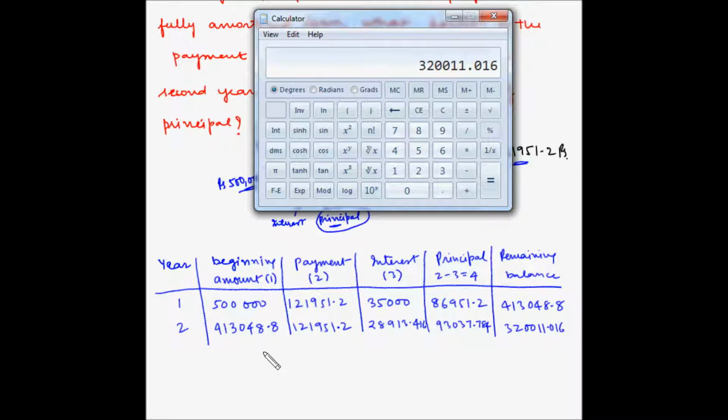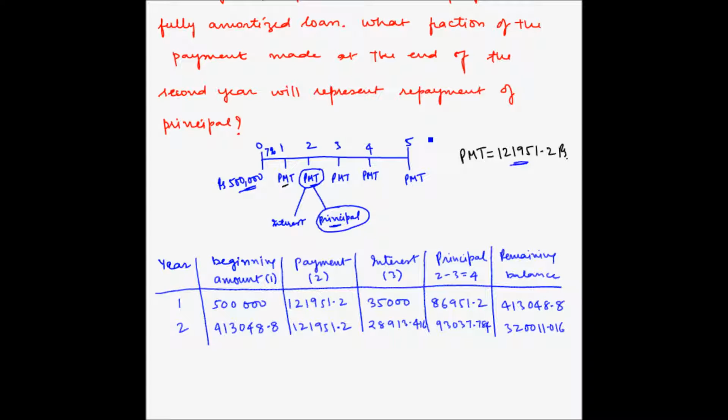We can continue the amortization schedule for the remaining 3 years, that is year 3, year 4, year 5. However, the question being asked is for the payment we are making at the end of the second year. So the question is, what fraction of the payment made at the end of the second year will represent repayment of the principal?